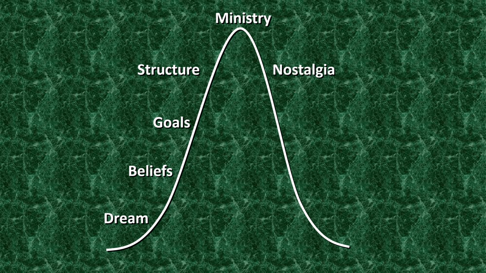And then another area that we want to look at on this graph is nostalgia. Nostalgia is a sentimental longing or affection for the past, often for a time or place associated with happy memories. That is, how things used to look. What did success look like back then?